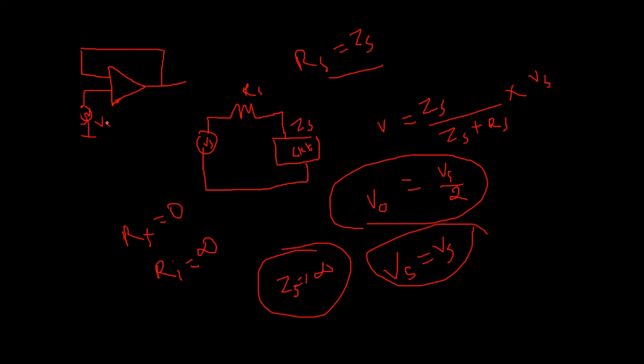This is V in, plus and minus, and this is V out. So this setup will act as a voltage follower, or we can say this will act as a voltage buffer.